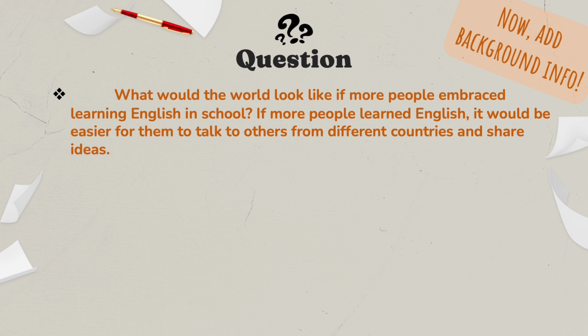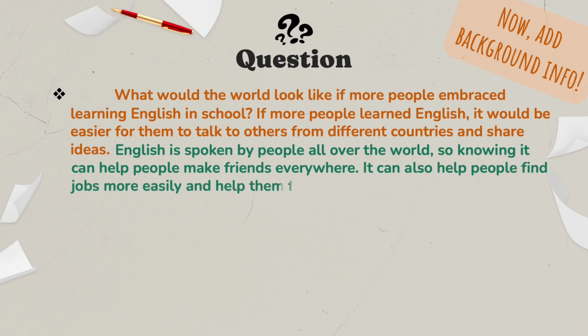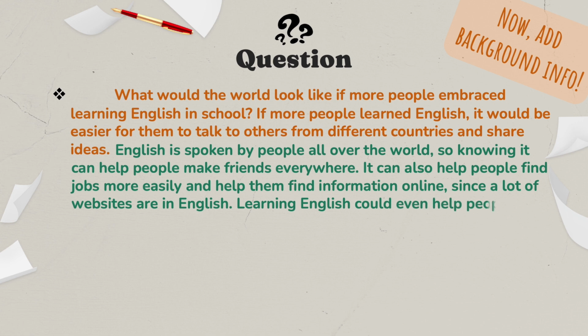Our hook says, what would the world look like if more people embraced learning English in school? If more people learned English, it would be easier for them to talk to others from different countries and share ideas. Our background info says, English is spoken by people all over the world, so knowing it can help people make friends everywhere.